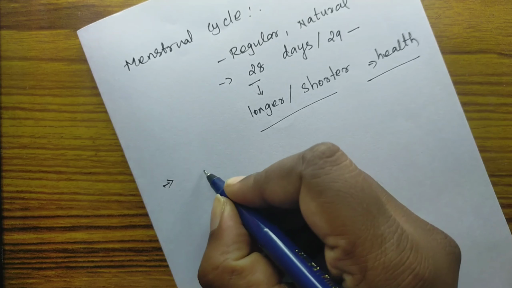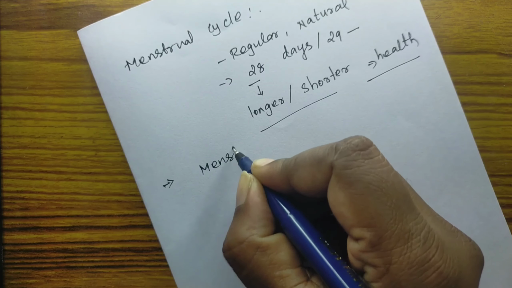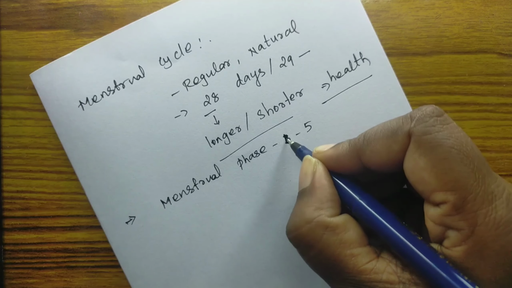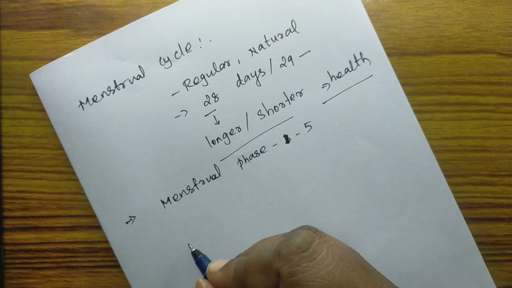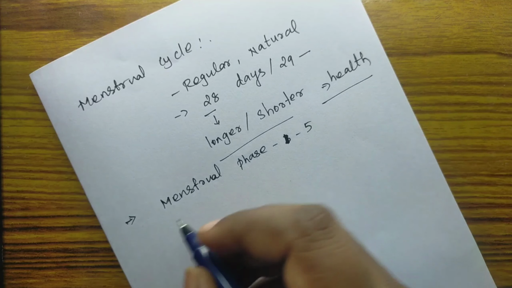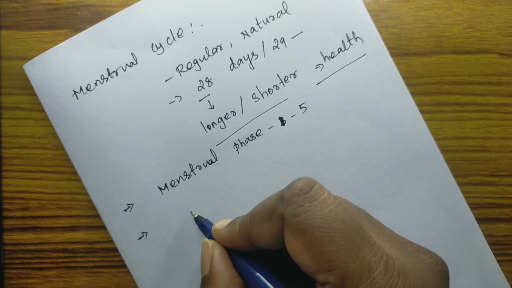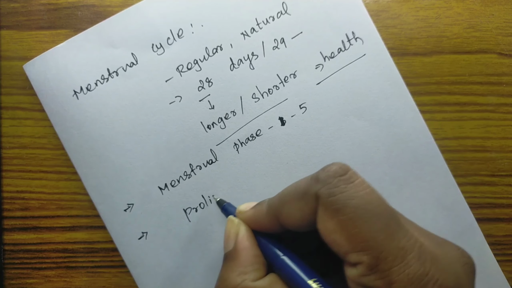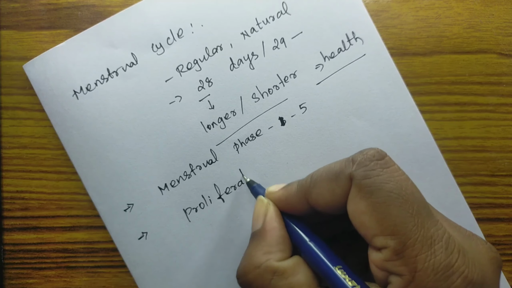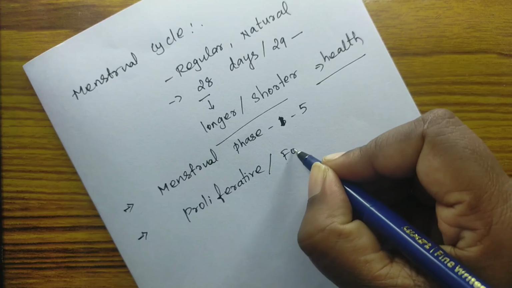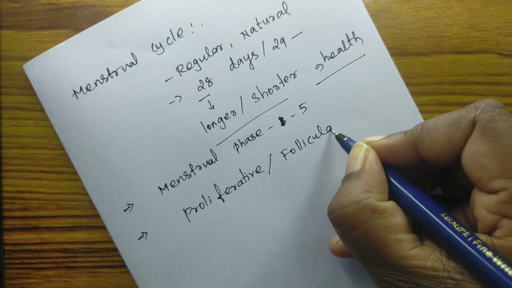The first phase of the menstrual cycle is known as the menstrual phase. It is from day 1 to day 5. The second phase is the proliferative phase, also known as the follicular phase.